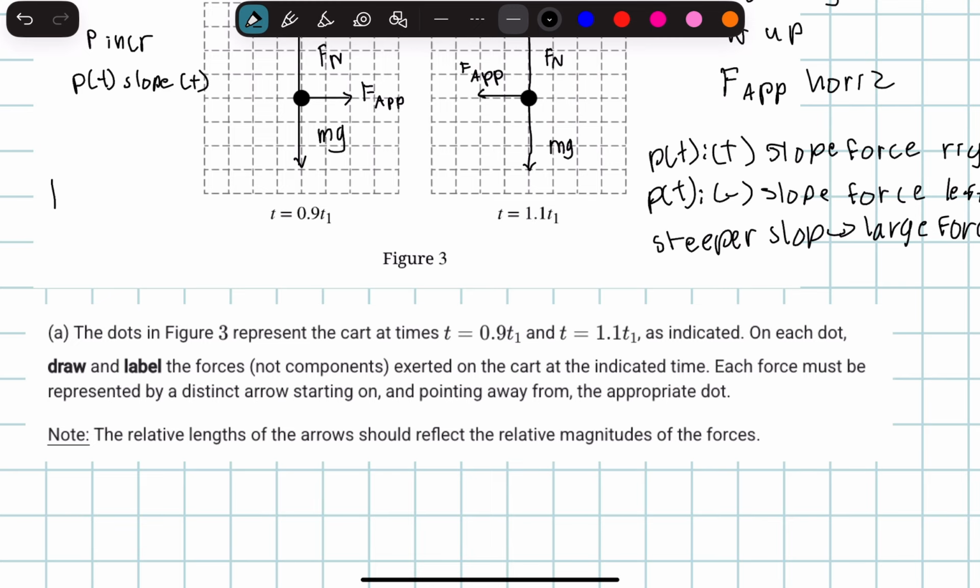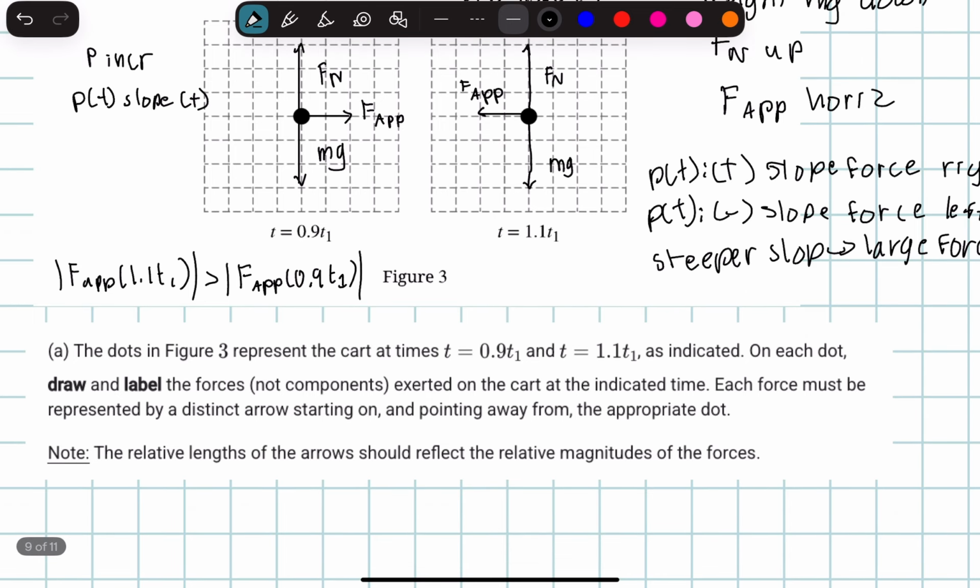So that means that F applied at 1.1 t1 is larger than F applied at 0.9 t1. So the leftward arrow should be longer than the rightward force arrow.